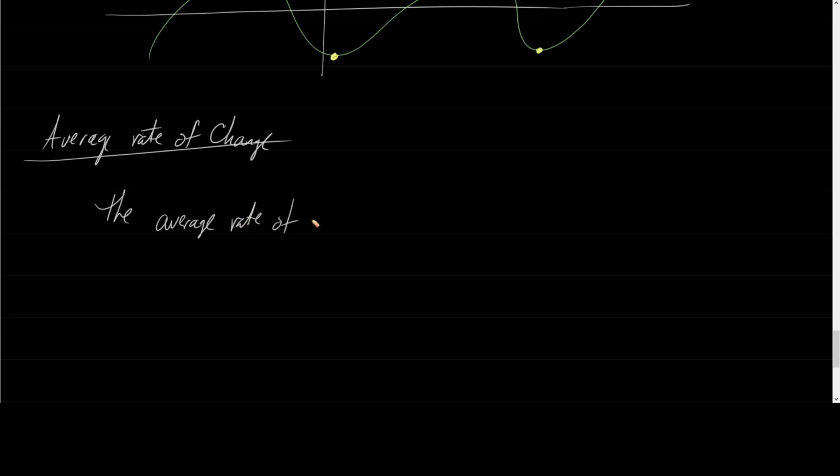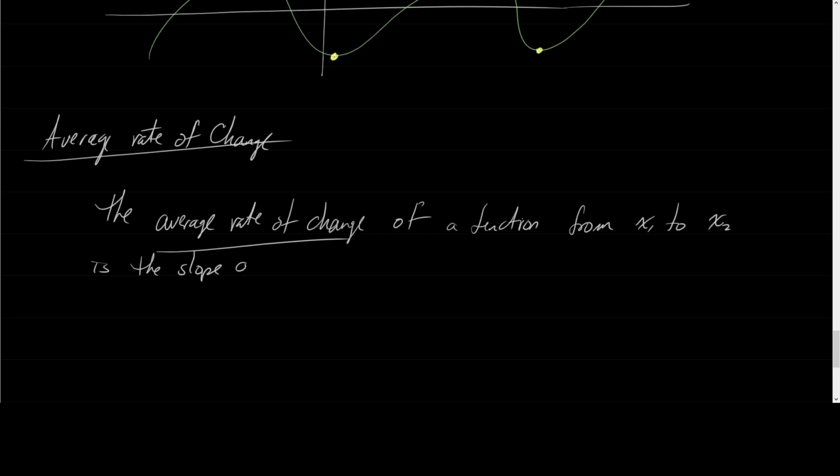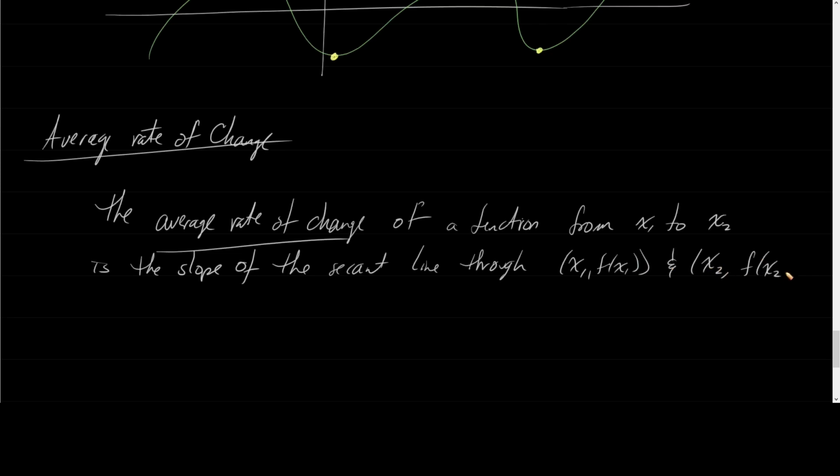The average rate of change of a function from x of 1 to x of 2 is the slope of the secant line through x of 1, f of x of 1, and x of 2, f of x of 2.